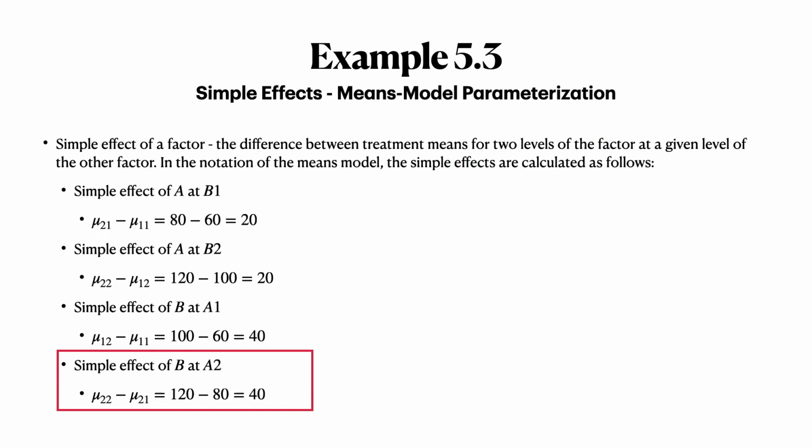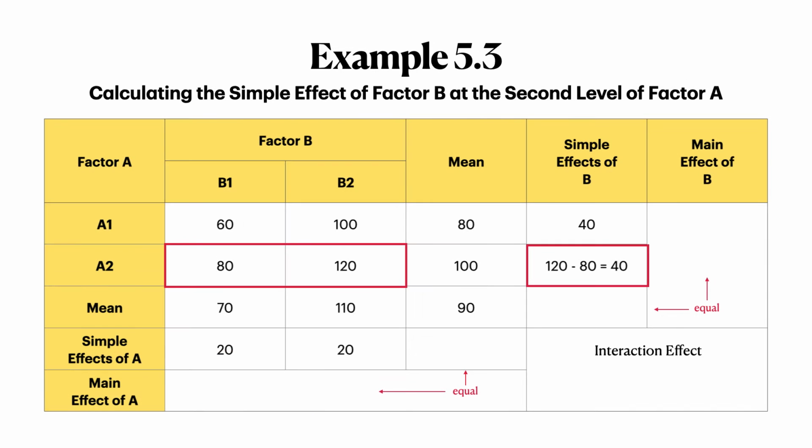And then finally, the simple effect of B at the second level of A, that's defined to be mu22 minus mu21, 120 minus 80, which is 40. And again, we can look at this in the context of the two-way table. We're calculating the simple effect of B at the second level of A, and so that's going to be the difference between 120 and 80.